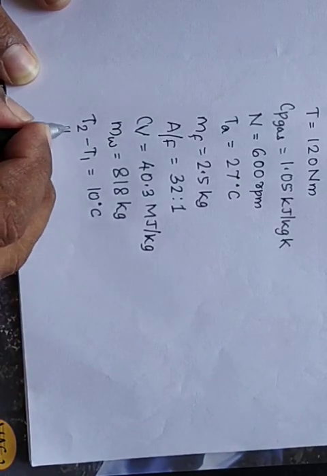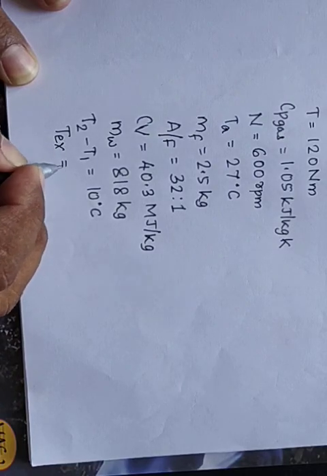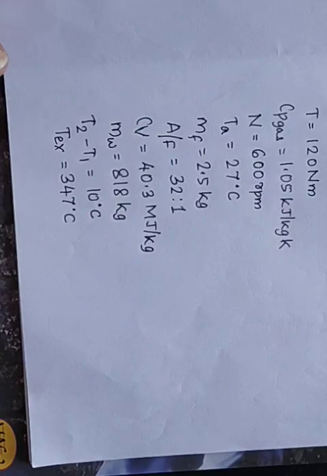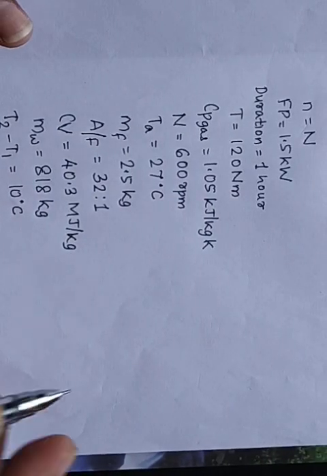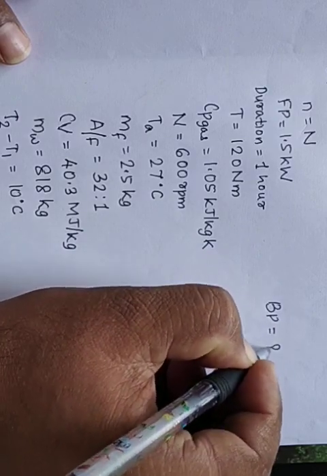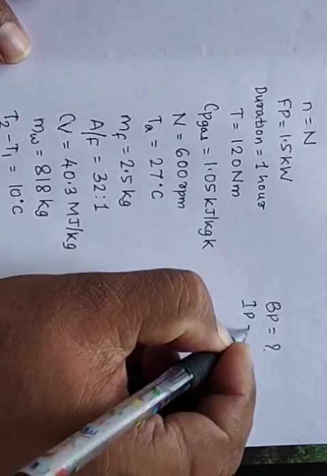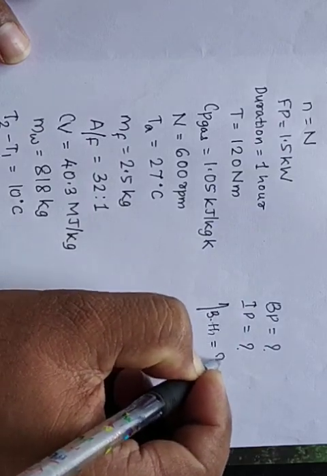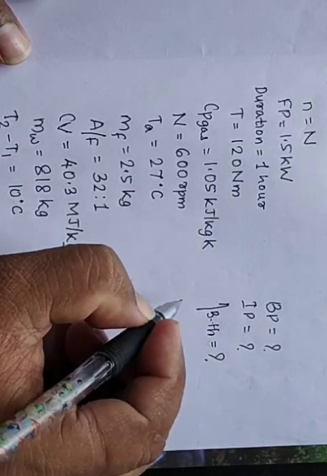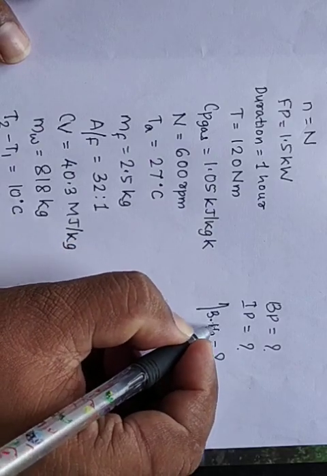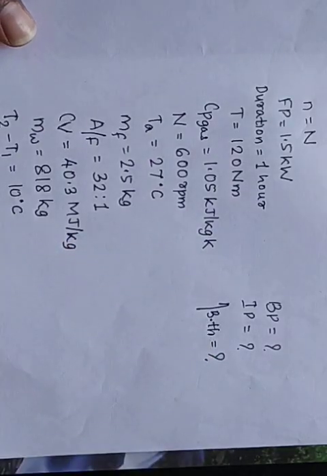Exhaust gas temperature TEX is 347 degree centigrade. So we need to find out first BP, then IP, then brake thermal efficiency, and then heat balance sheet.